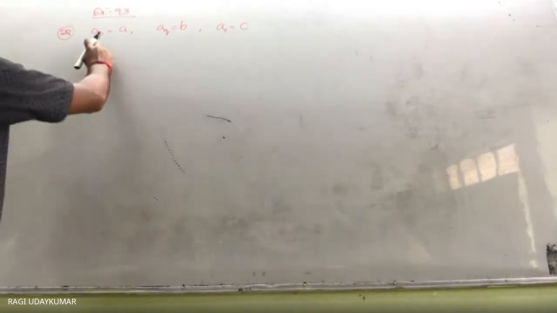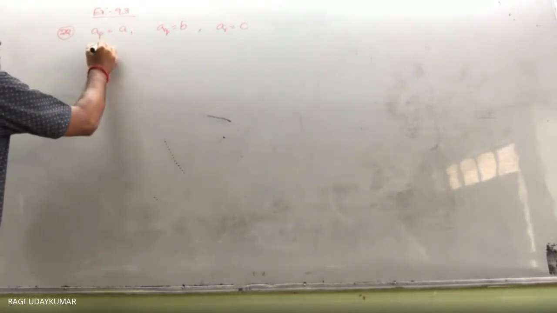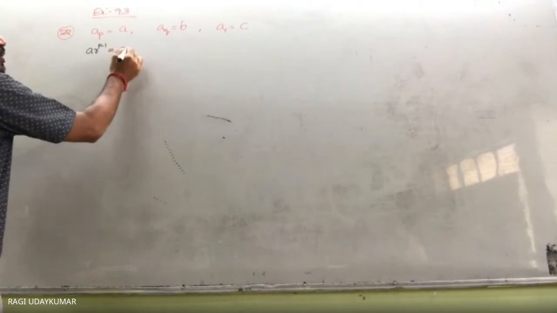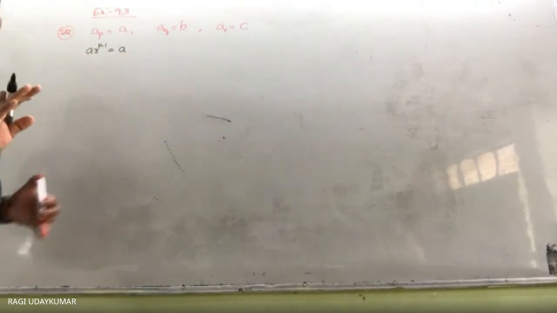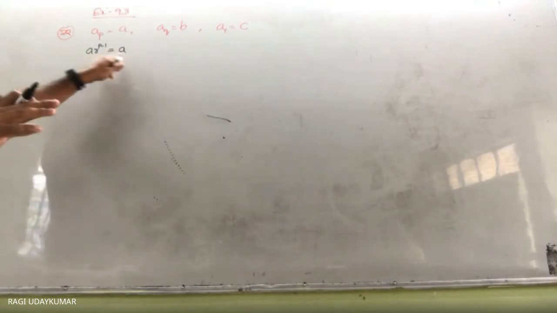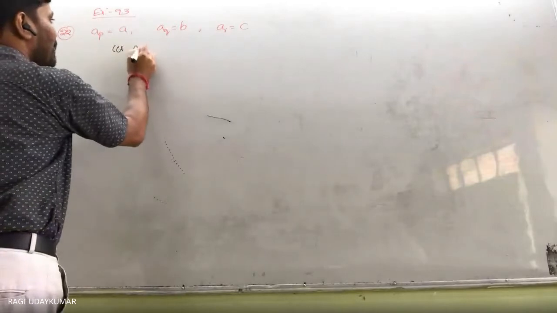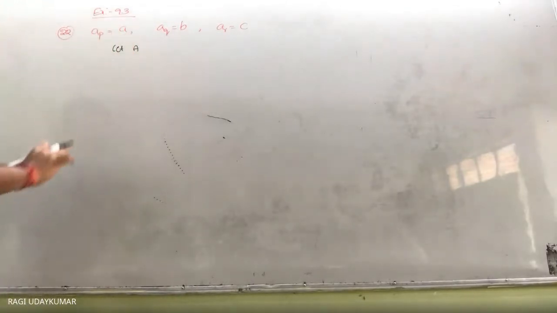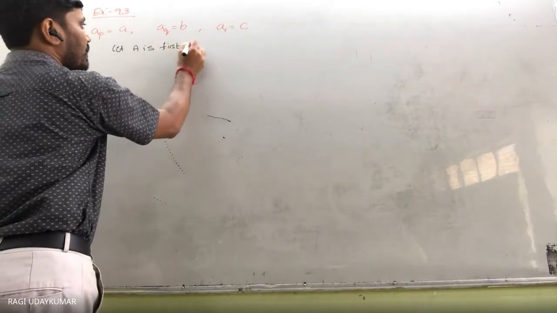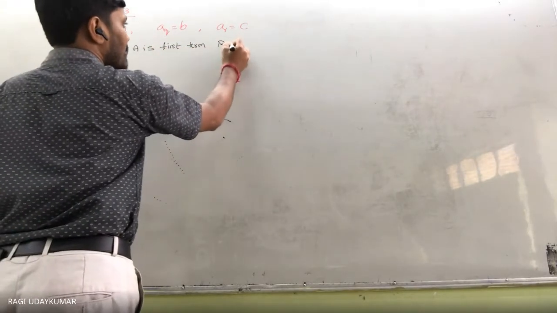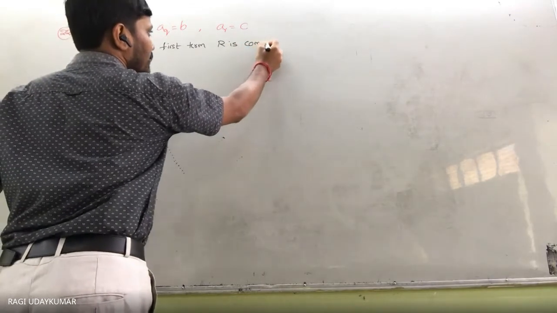The Pth term is nothing but A R to the power of P minus 1 is equal to a. But here the a is different, so you cannot cancel it. To avoid the confusion, let capital A be the first term of the geometric progression, since small a is already given, and capital R the common ratio.